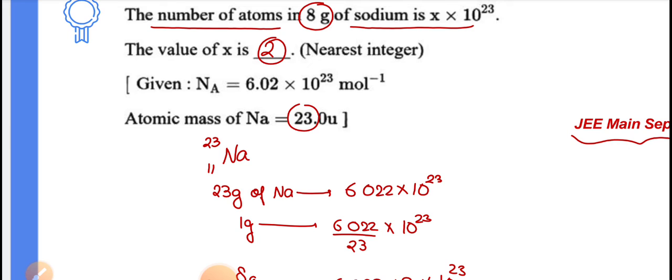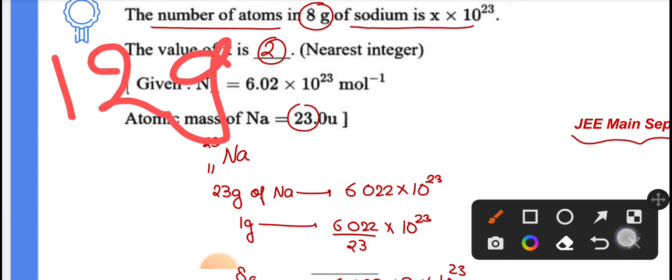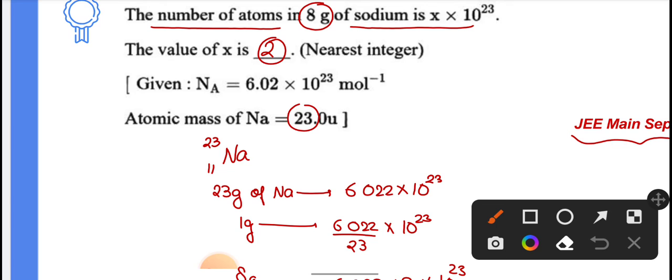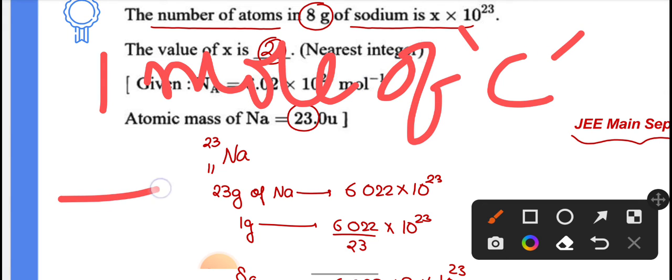We already know that one mole refers to what? 1 mole means 23 grams of sodium. 1 mole of carbon means 12 grams of carbon, right? I told you, 1 mole of sodium refers to 23 grams, and in the case of carbon, 12 grams. We already know that 1 mole of carbon has Avogadro number of atoms.